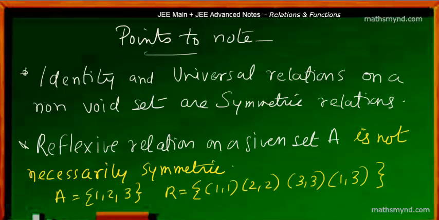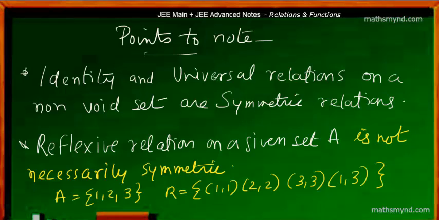So, what are the points? Some interesting points are there, and we should know about them. We know that the identity relation, and the universal relation, which consists of all the ordered pairs of the set on itself, are symmetric relations.